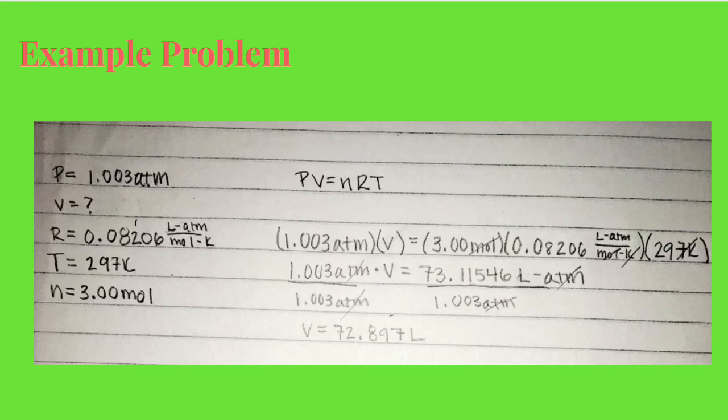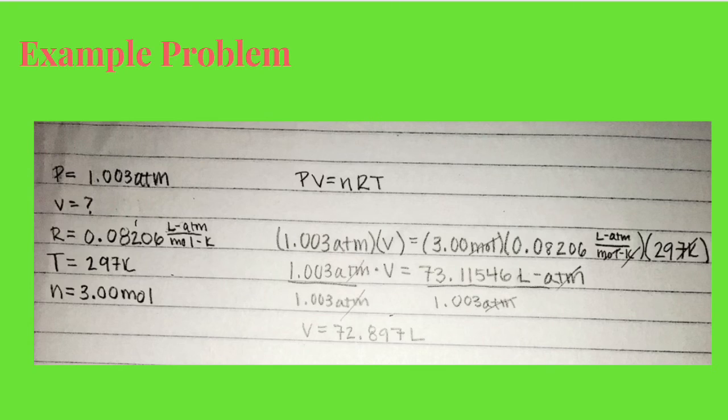Next, all I did was set up the problem, and on the left side I got 1.003 atmospheres times V is equal to 73.11546 liters atmosphere, because everything else ends up canceling out.